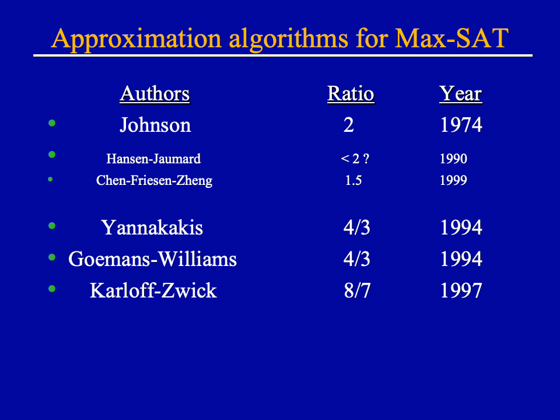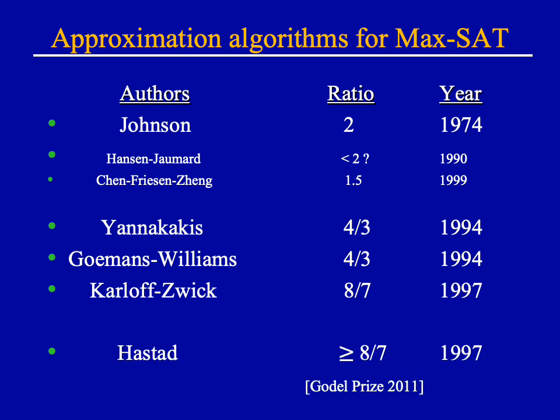These two results are based on very different approaches. Then after a few years, Karloff and Zwick published an algorithm that has a ratio 8/7. Again, you might expect a further improvement on that.